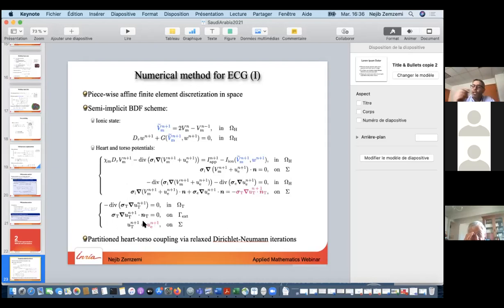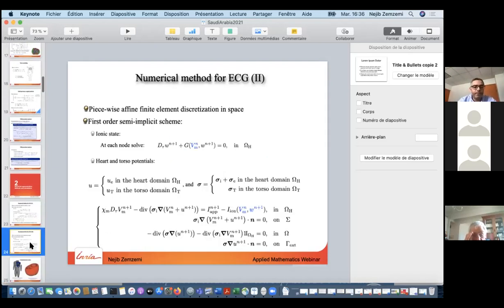There are too many methods in the domain decomposition community for handling these iterations. You can also do it monolithically by supposing that your potential U is equal to UE in the heart and UT in the torso. Since you have a continuity of potential and current, you can suppose that it's the same field, the extracellular potential.